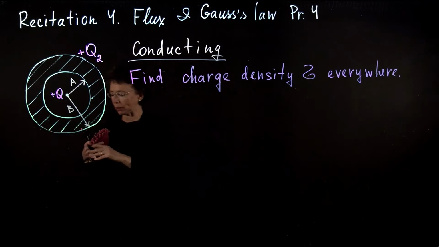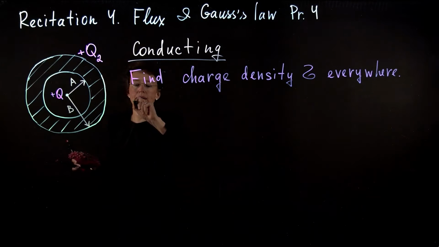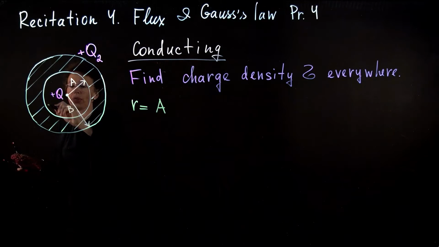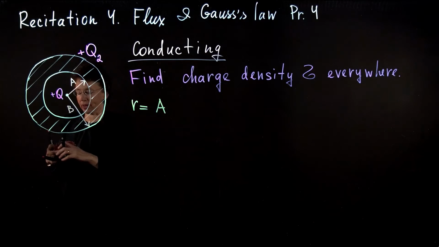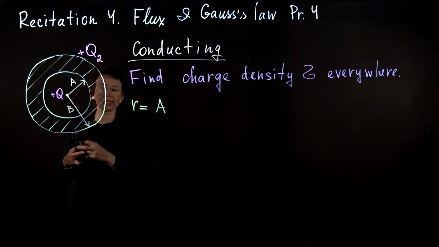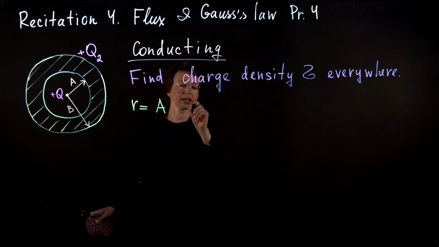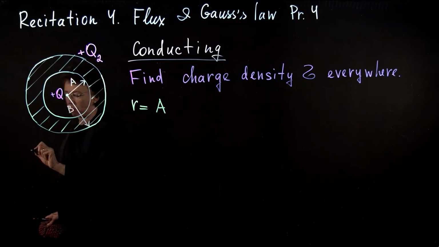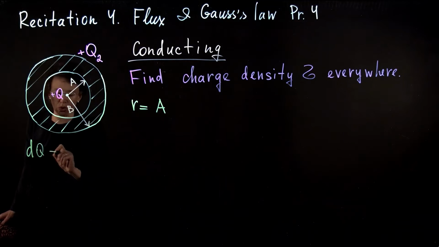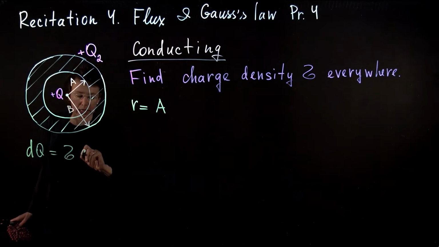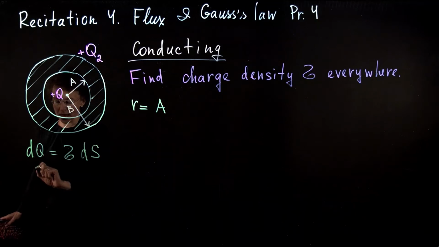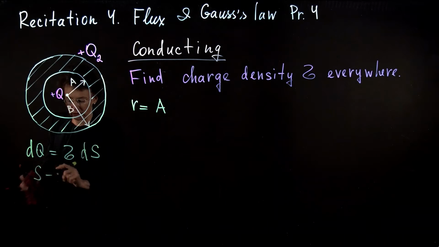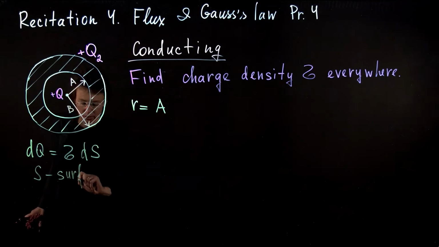First of all, we will consider the surface R equals A, so we are on the inner surface of this spherical shell. What will be sigma? Sigma, by definition, is charge per area: dq is sigma ds, where S is surface area.